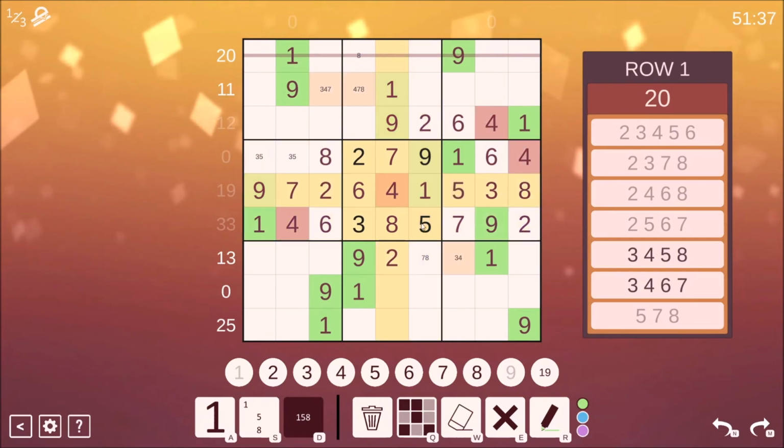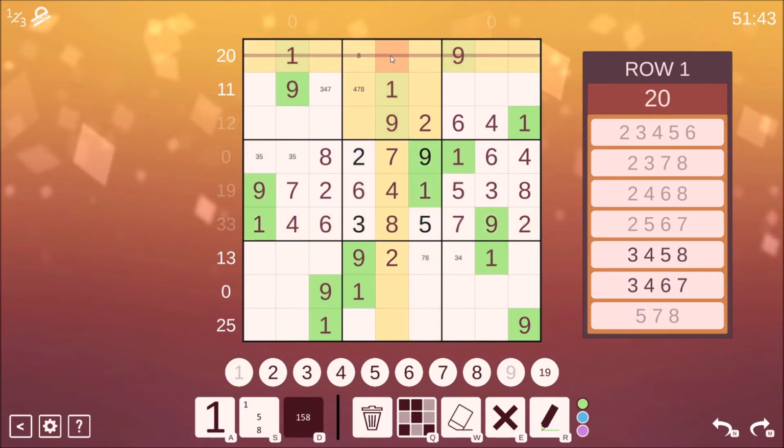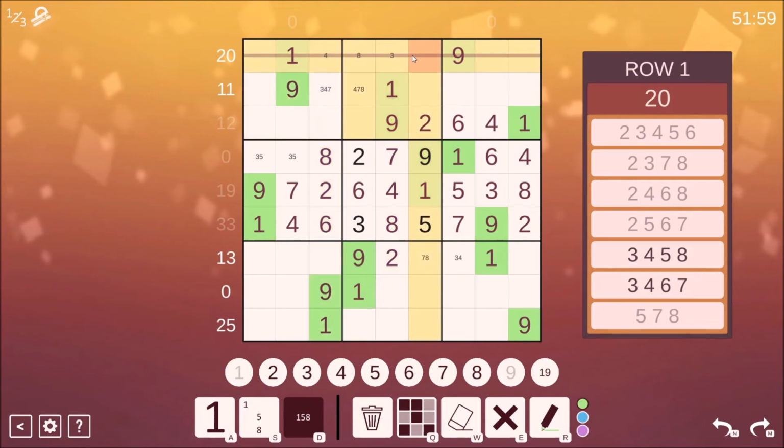So let's see. If we had a 3 here, it would place a 4 here. Maybe that's not the best place to start.